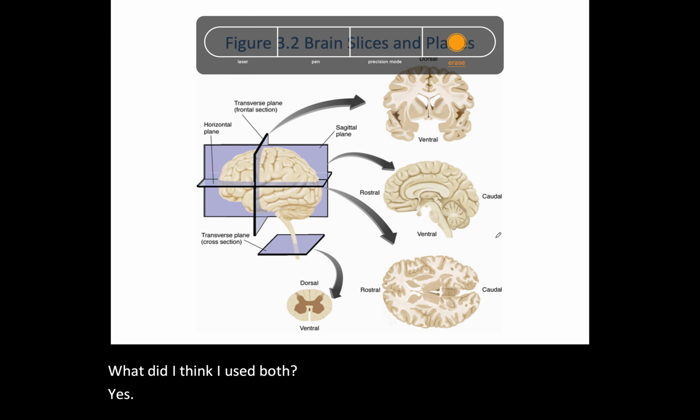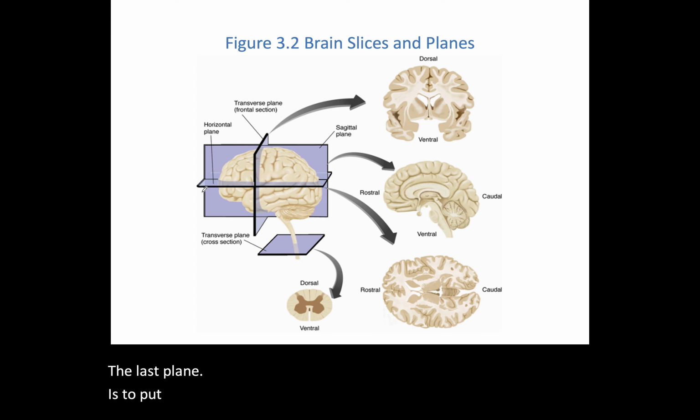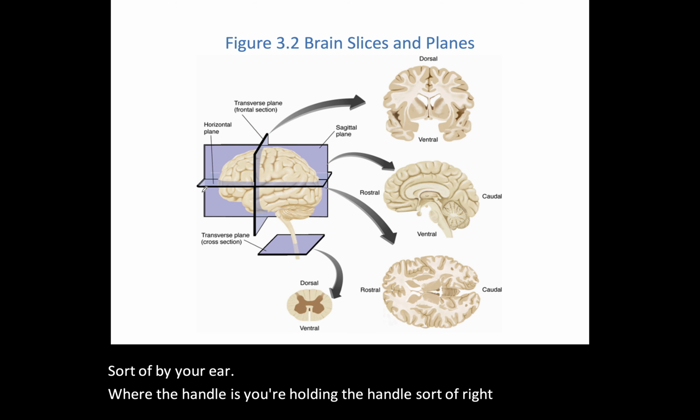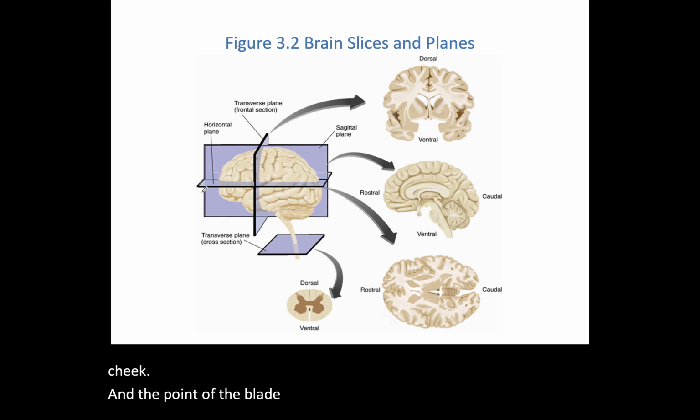Okay, let me clear this. The last plane is to put a blade sort of by your ear where the handle is. You're holding the handle sort of right next to your cheek, and the point of the blade is at the back of your head horizontally.